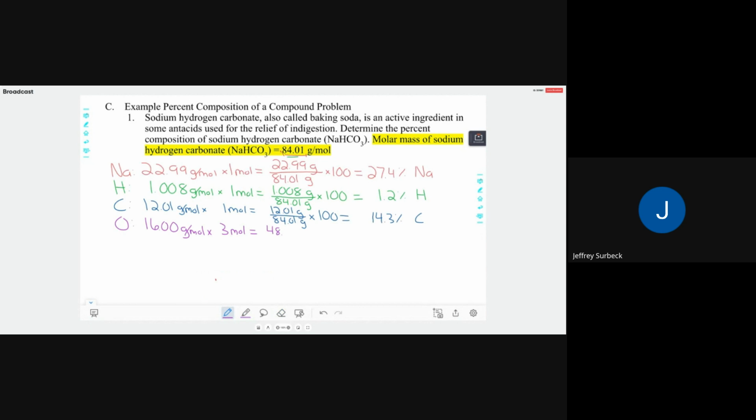I'm going to call that 48.00 grams, all divided by the molar mass of the compound. And we multiply this by 100. And so we get 48 divided by 84.01, and we multiply this number by 100, and I get 57.1% of this compound's mass is from oxygen.